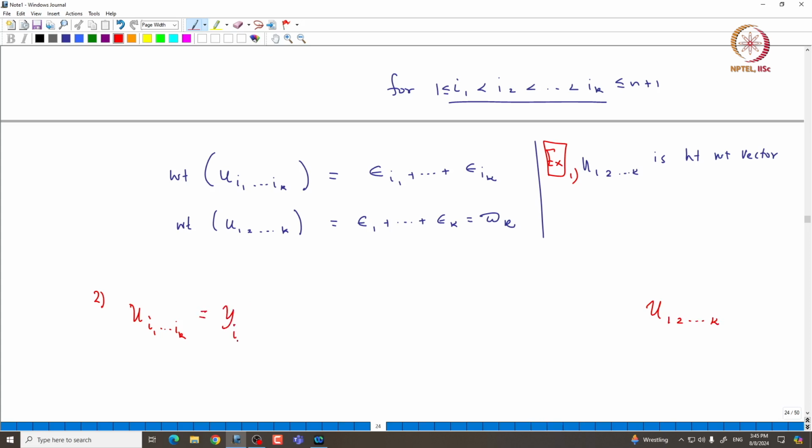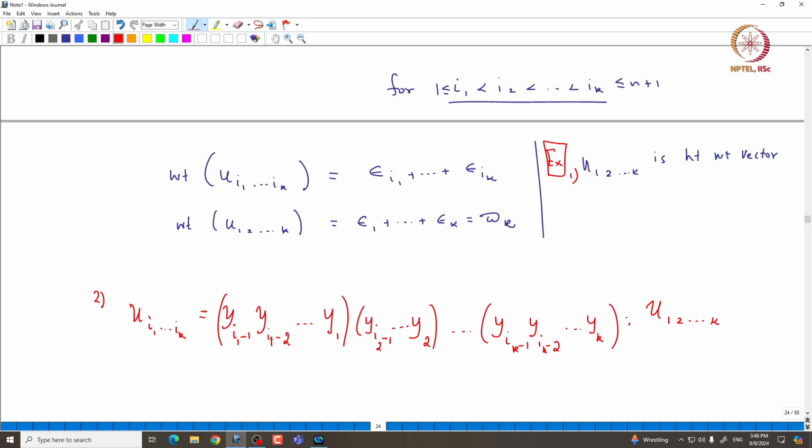You take y i 1 minus 1, y i 1 minus 2 and so on up to y 1, then y i 2 minus 1 and so on up to y 2, and so on, you go all the way to y i k minus 1, y i k minus 2 and so on up to y k, and then you apply it on this vector.